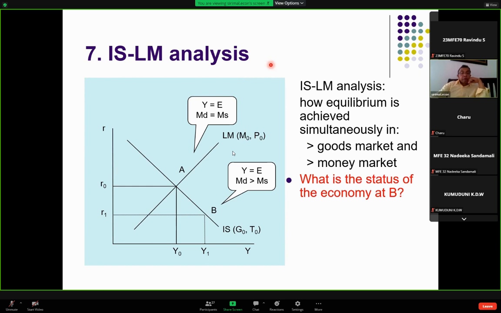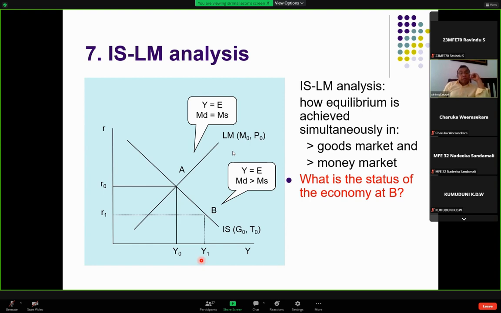Why excess demand? Because this is on the right side of the LM line, giving us a lower interest rate and higher income level. Lower interest rate relatively, okay?